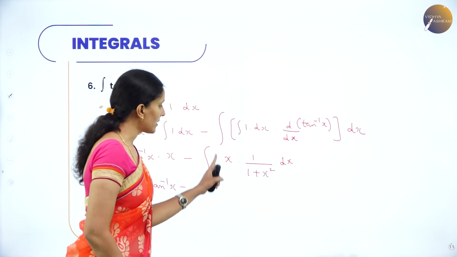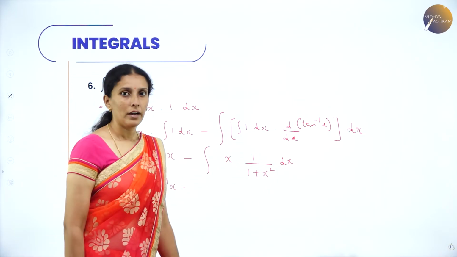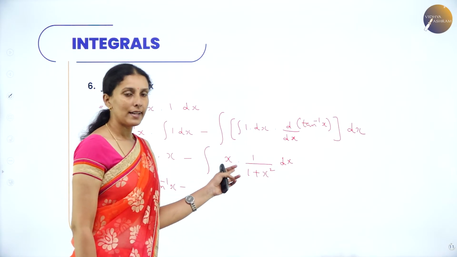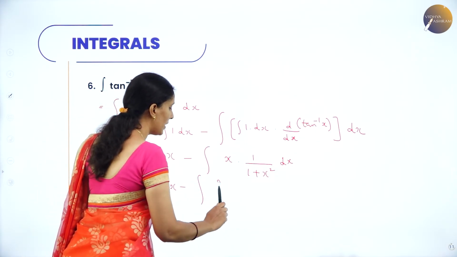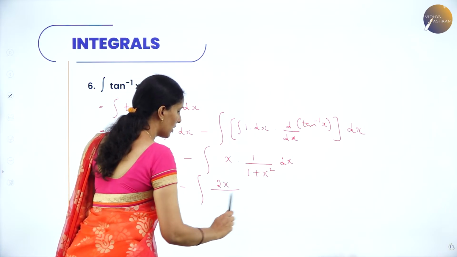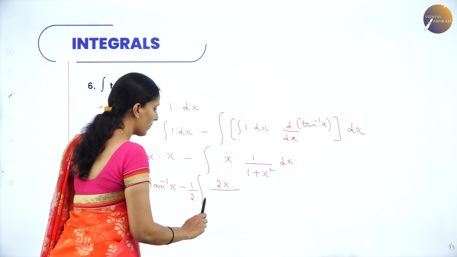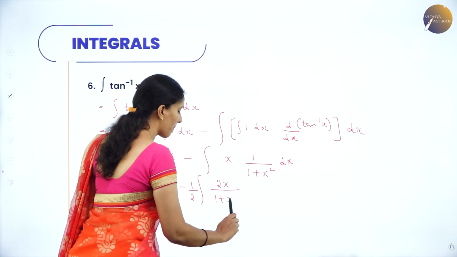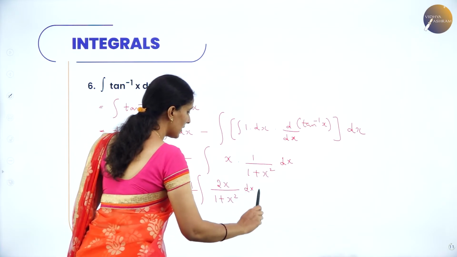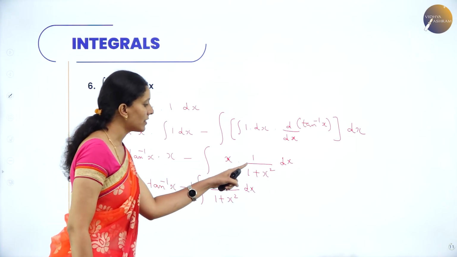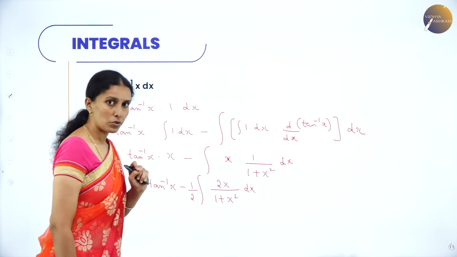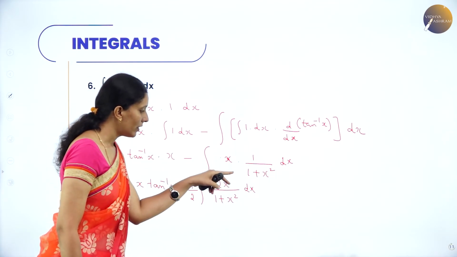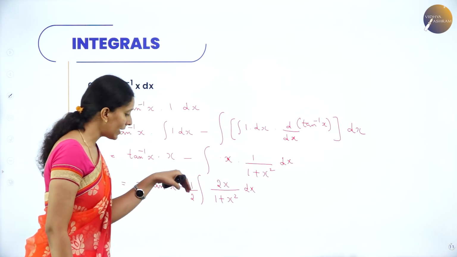Look at the second integral. What I will do here is multiply by 2 and take 1 by 2 as a common factor outside the integral with respect to dx. See here, this is in the form of x divided by 1 plus x square, right? So I will multiply 2 to the numerator and divide by 2 and take it common.